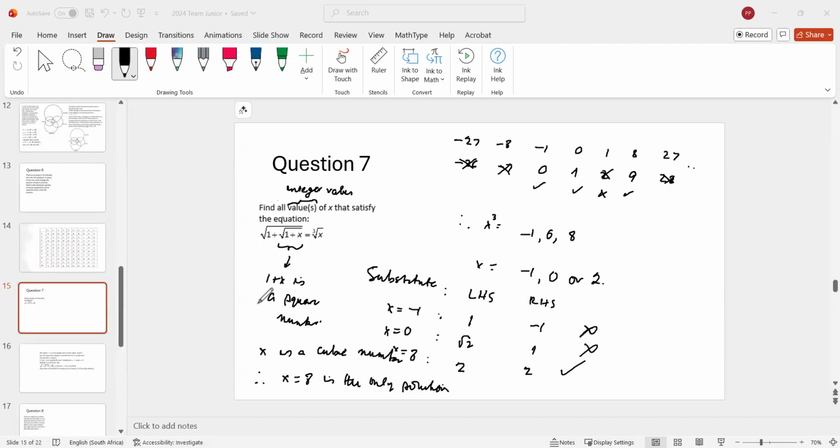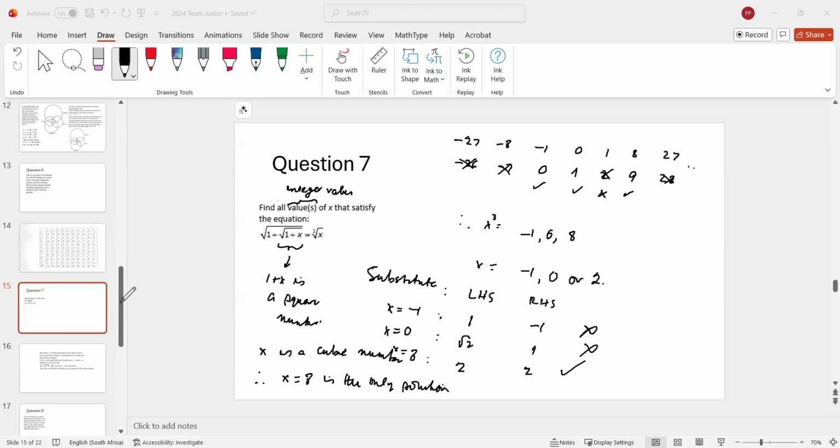Because you have to substitute and check to see whether they are solutions, and it's not. You must get the left-hand side equal to the right-hand side for it to be a solution. And here you see when you substitute these numbers, it doesn't work. But when we tried to do it by saying it must be a perfect square, we only looked at this part here and this part here. So we still need to look at the entire thing to see whether it works or not.